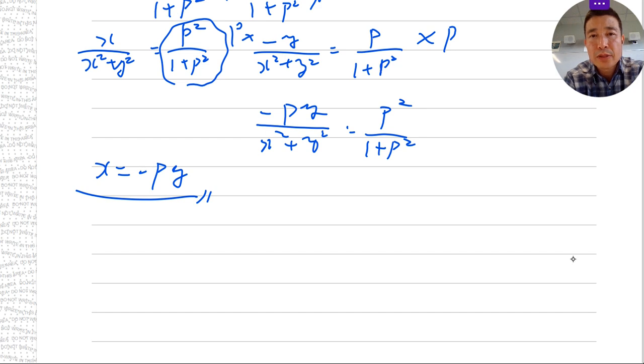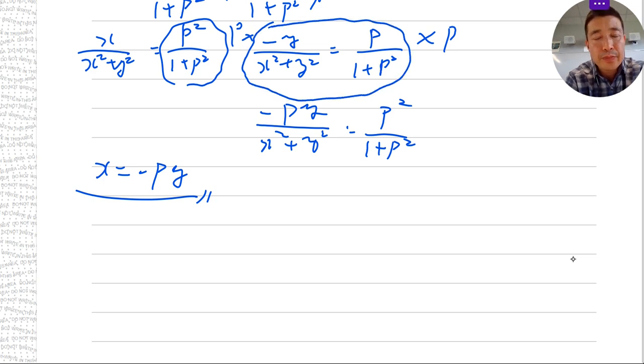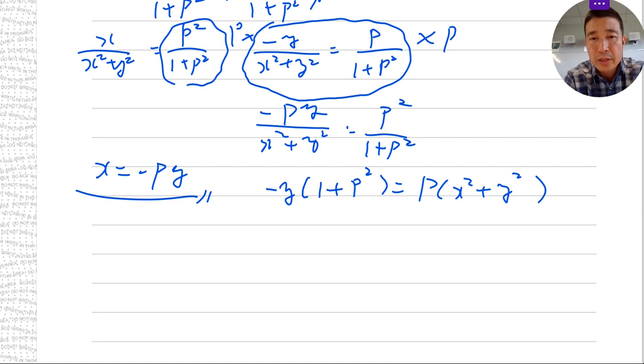Then I would cross multiply the right hand side. So back to this: minus y times 1 plus p squared equals p times x squared plus y squared. I will simplify and use this.